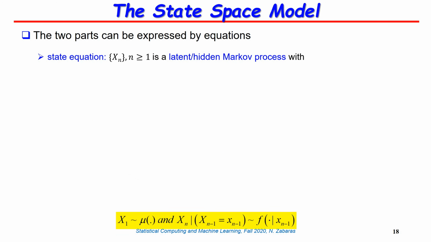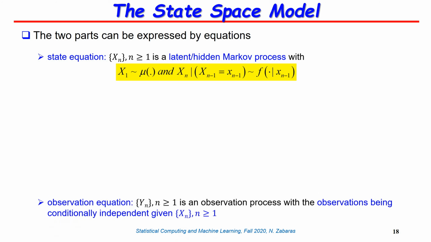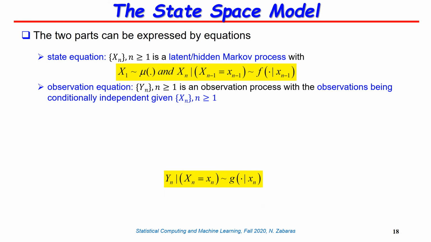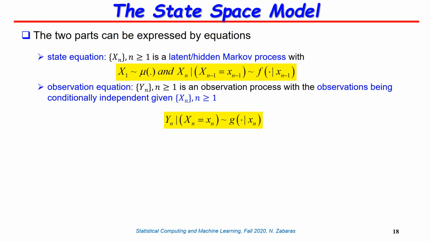All right. So what we need to do is have basically the same type of distributions that we discussed for the Markovian model. So we need a probability density mu to sample our initial state x1. We need a dynamic model that tells us how we transition from time n minus 1 to time n. So this is the evolution of the states. And remember the notation, we use f to indicate that.